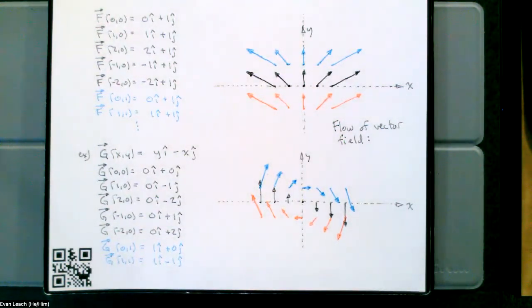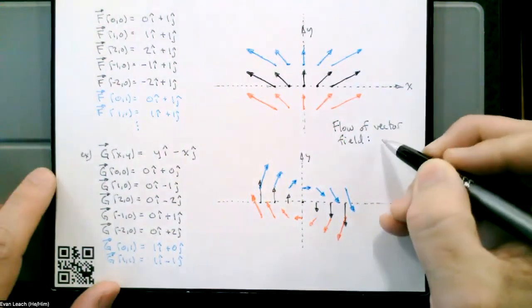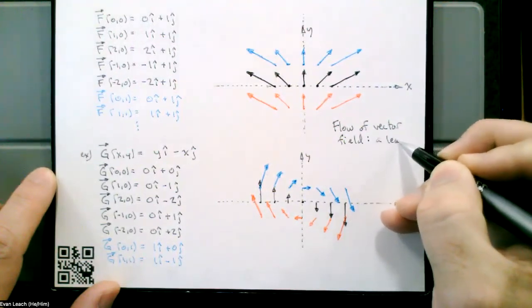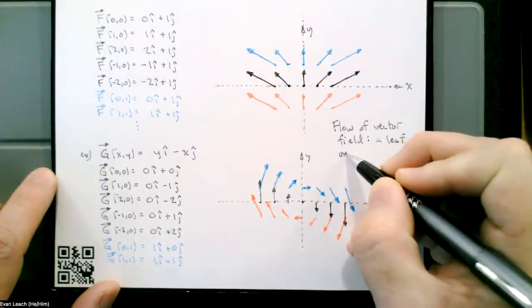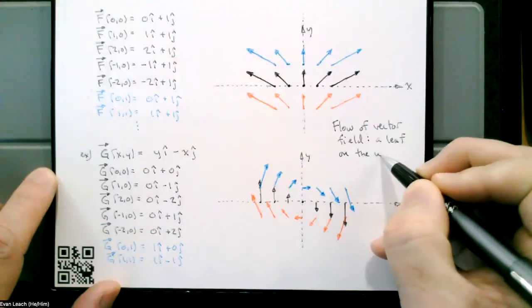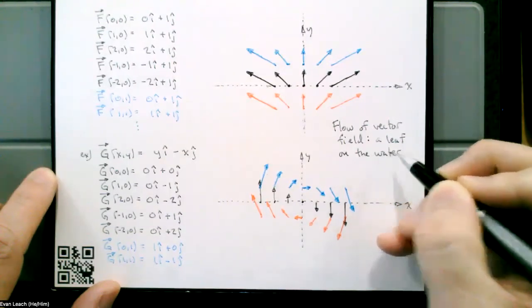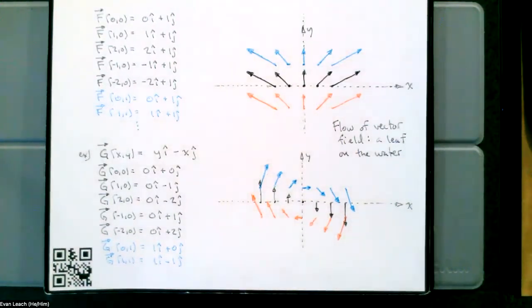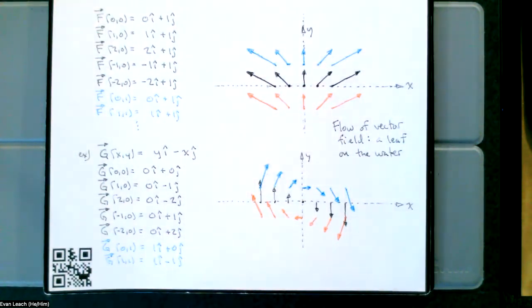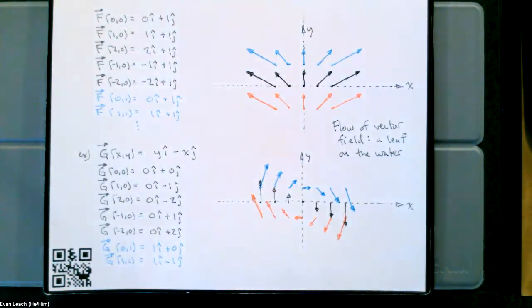What is the flow of this vector field? What would this vector field do to a leaf? We imagine the vector field as the flow of water. The flow of the vector field is just a leaf on the water.